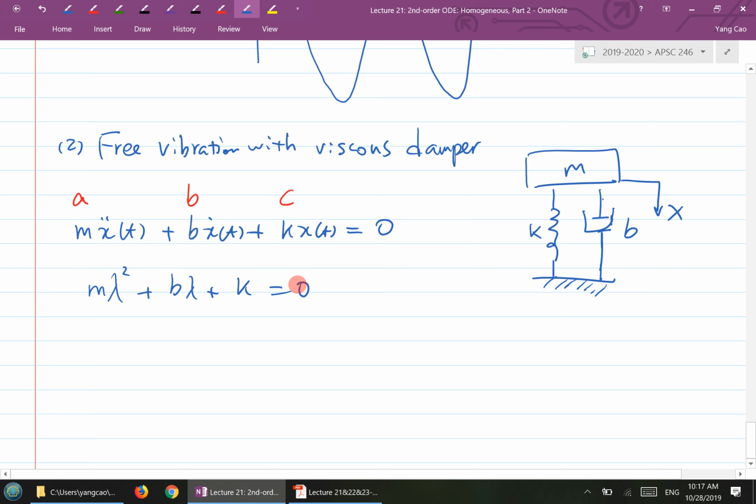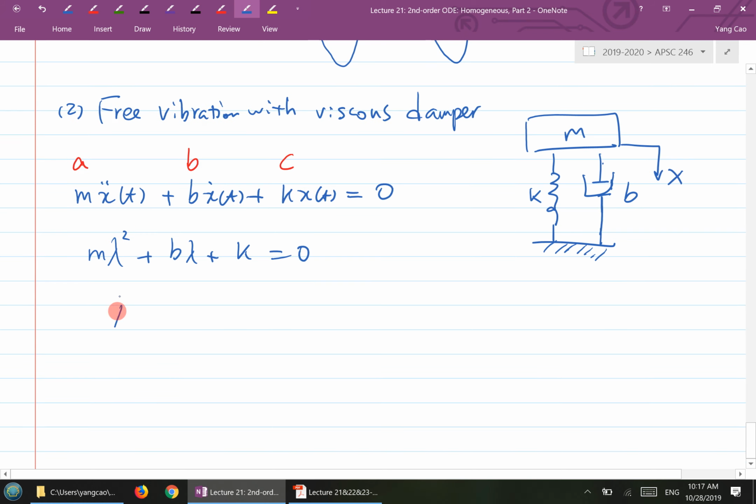Very much the same typical second order constant coefficient linear homogeneous ODE. Then you solve for lambda, and you get 2 lambda solutions.